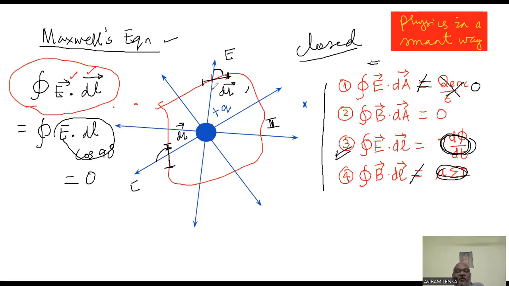We can clearly see with a bit of thought, if you throw everything away from your mind and make your mind free, that if you consider a bit odd or irregular path, there can be some dl where the angle between E and dl is an acute angle.